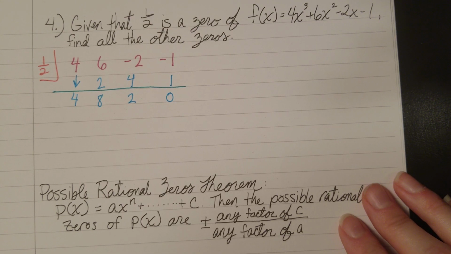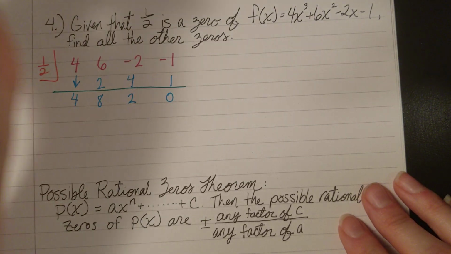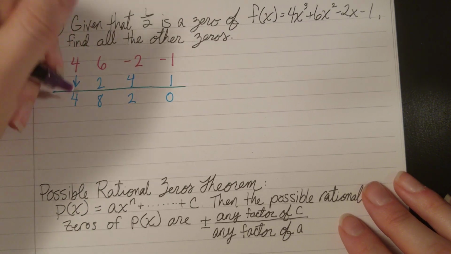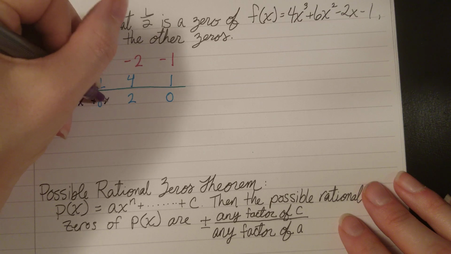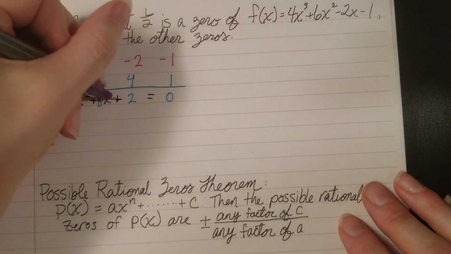Our goal here is to find all the other zeros. Actually, I don't really need to factor it, because what I need to do is just fill this in, so it'll be 4x squared plus 8x plus 2, and basically set it equal to 0 and solve that.